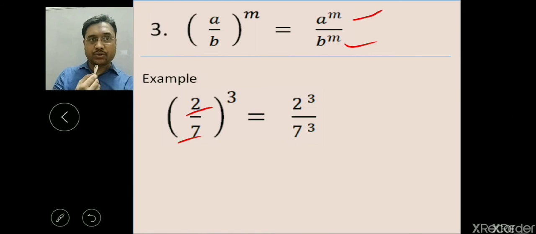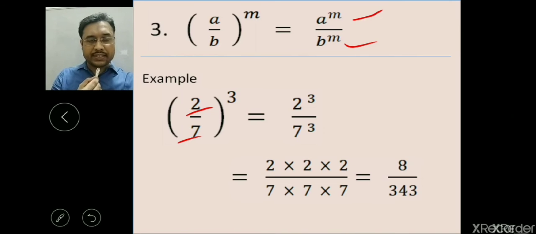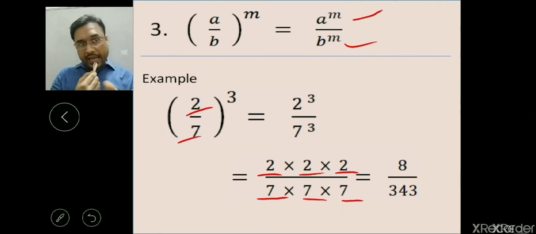So (2/7)^3 means 2^3 by 7^3, and 3 power means you multiply 3 times: here 2 into 2 into 2, and on the 7 also 3 power, so 7 into 7 into 7. The result is 8 by 343. 7 to the power 3 is 343 and 2 to the power 3 is 8. I hope it is clear.